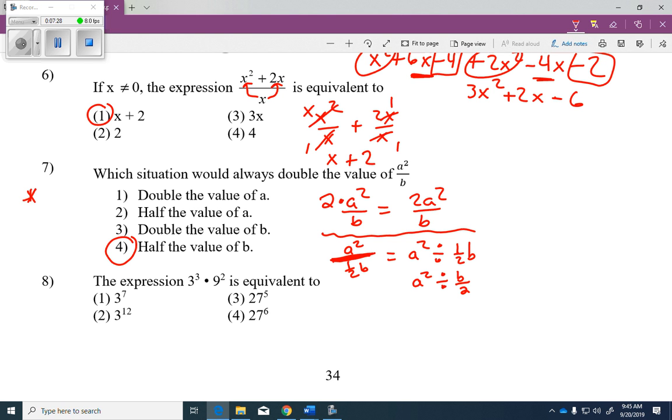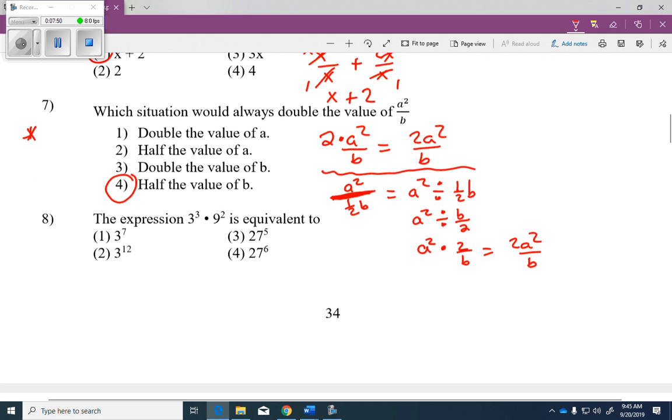And you learned in elementary school that when you divide with fractions, you switch this to multiplication and you flip the second fraction. If I multiply this across, I'm going to get 2a squared over b. But again, don't stress too much about that. But remember, thought-provoking questions are great.